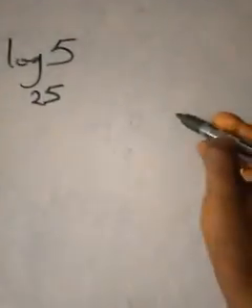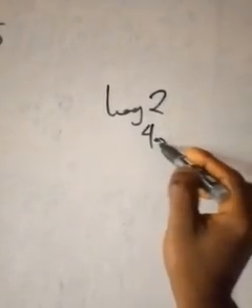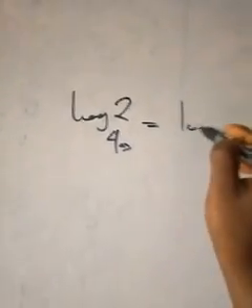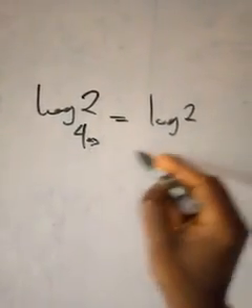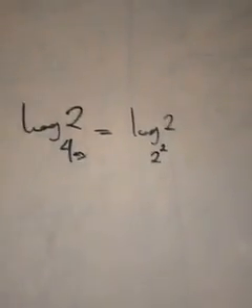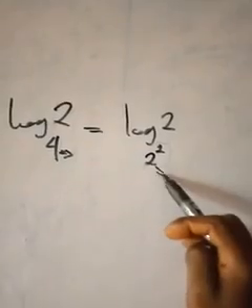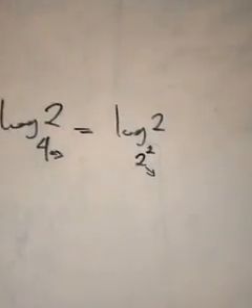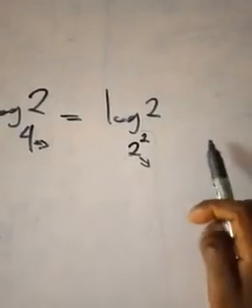Let's analyze it first. We have log 2 base 4. We are going to change this one to base 2, which will give us log 2. Then this 4 we can say is 2 raised to power 2. Now this has given us index form. Here, 2 is acting as the base, with an index number.